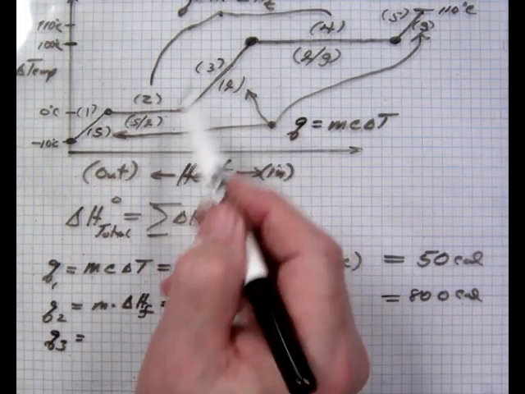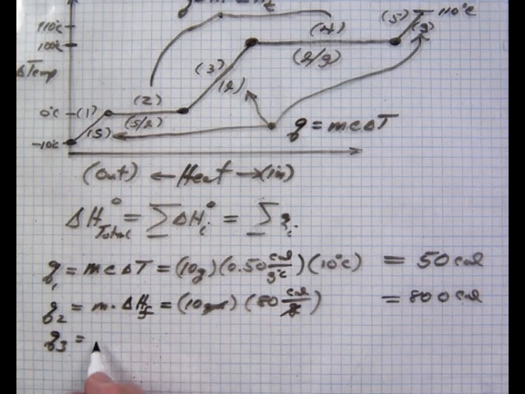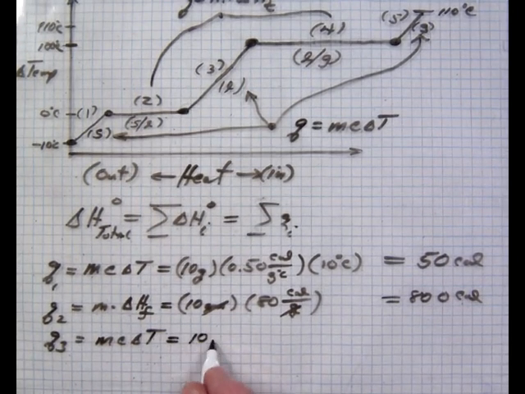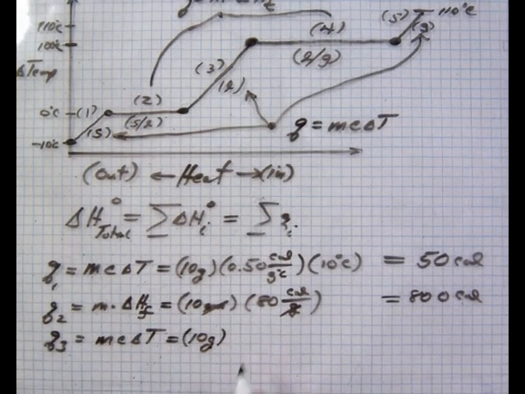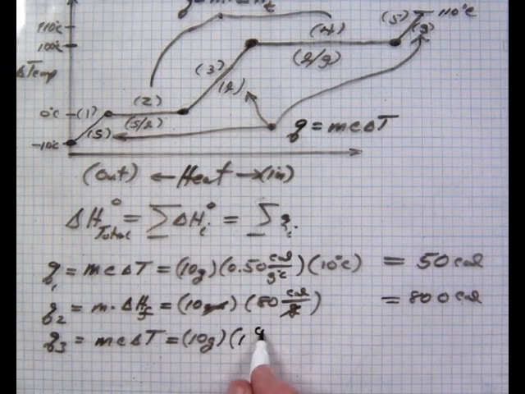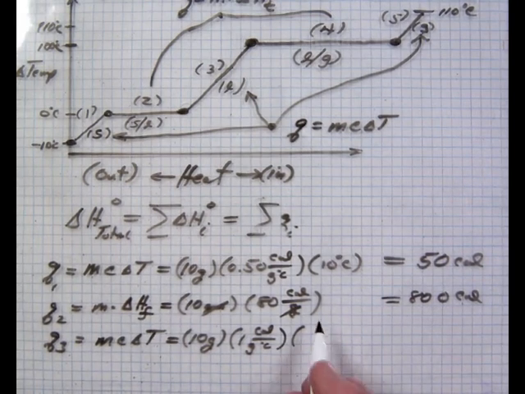Q3 is another temperature change. That's right here. Once the ice is completely melted, we warm the water up to the boiling point. So that's an MC delta T. We still have 10 grams of water that we're going to warm to boiling. 1 calorie per gram degree Celsius, and you can also be given it in joules per gram degree Celsius, 4.184.